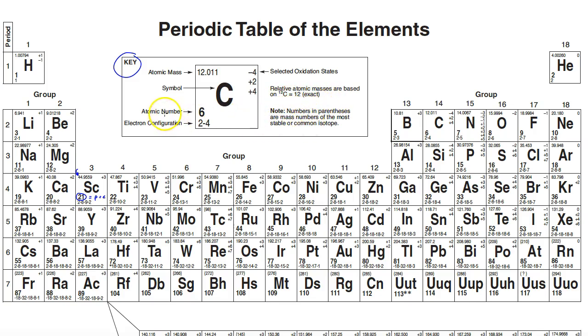But more importantly, look at this number here. The biggest and boldest number in a periodic table is the atomic number. And if you look carefully at all the other atoms, they all have unique atomic numbers, which means that every single different element is made up of a unique number of protons.